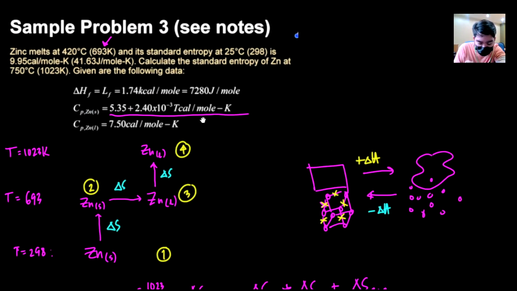The set is in calories per mole, but also in joules per mole. Maybe it's easier if we just solve in calories per mole. So let's do calories per mole. So let's take the calorie per mole value, which is this one.